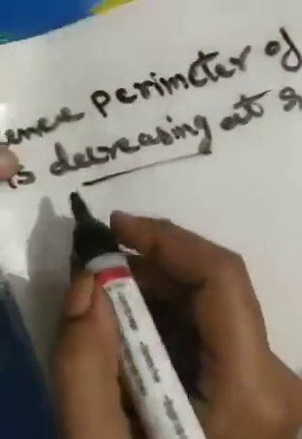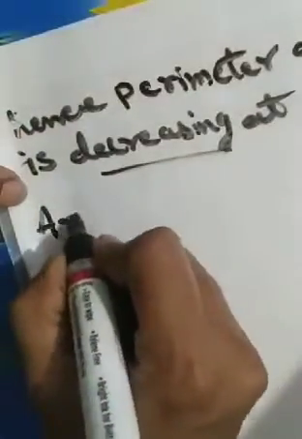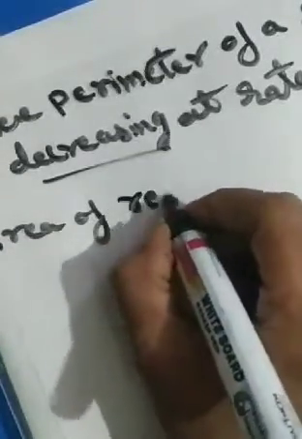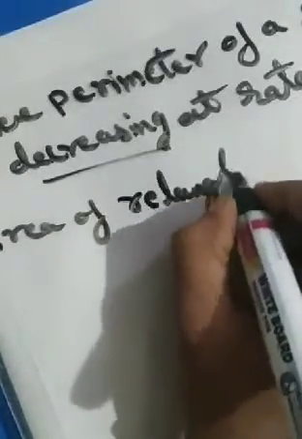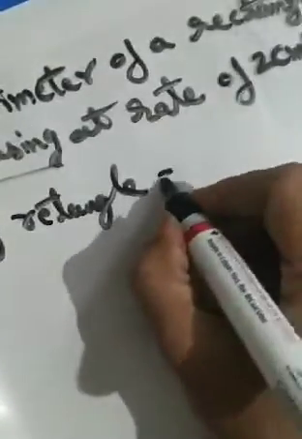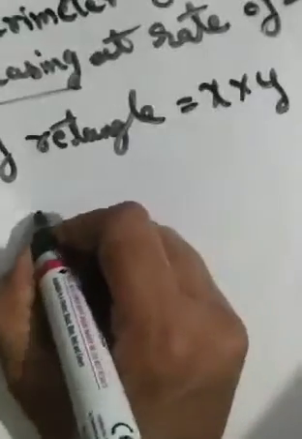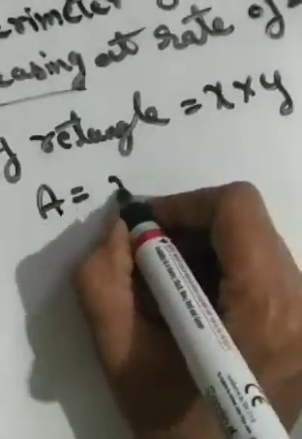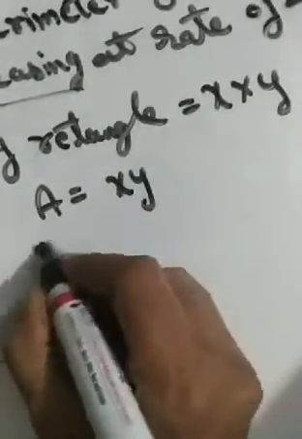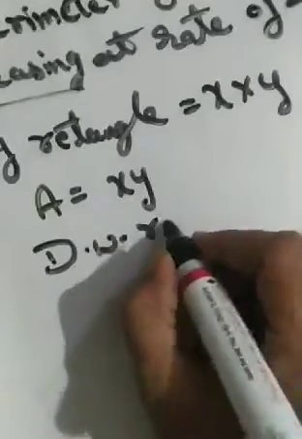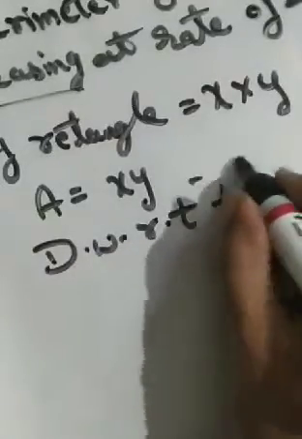Next we want area. Area of rectangle equals x into y. So area, let us give it as A is equal to xy. Differentiate it with respect to t.